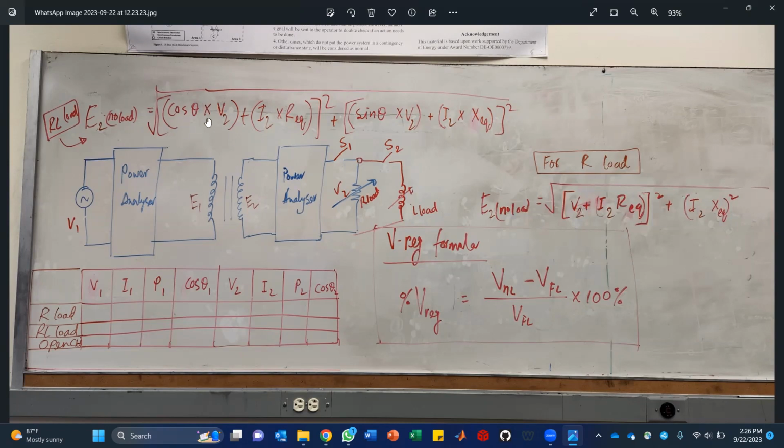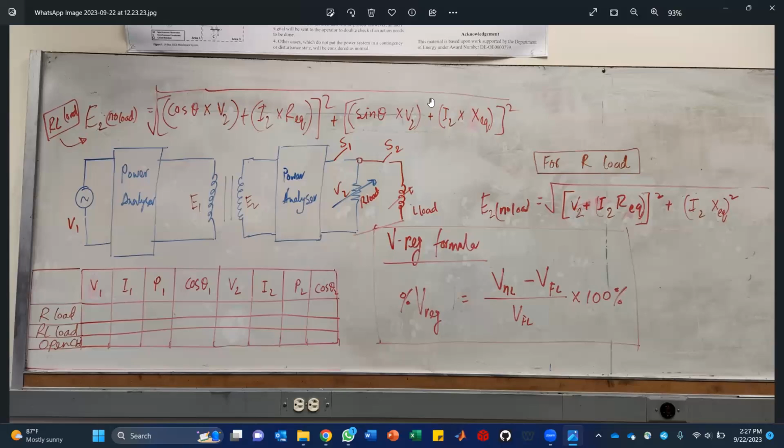We definitely will have to remember we are doing all this for the secondary side. So this cos theta will be this cos theta. So cos theta and V2, I2 times R equivalent that we normally get from the short circuit test, we'll square them.